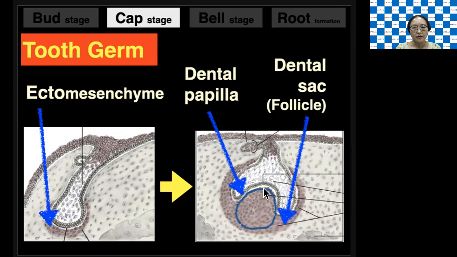And the condensed ectomesenchyme cells in the concavity of the enamel organ, we call the dental papilla. And the surrounding ectomesenchyme, we call the dental sac or the dental follicle.